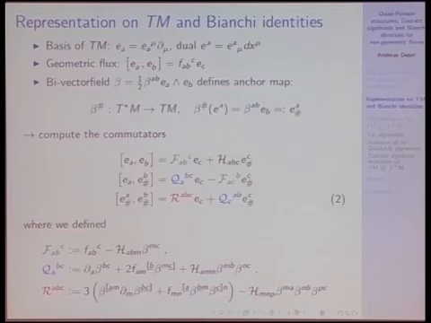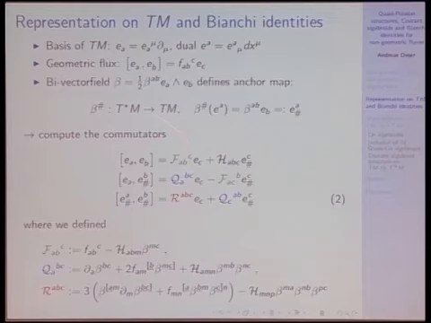Because we are in the tangent bundle, we can easily compute commutators of vector fields. If there are some experts on non-geometry, they will maybe recognize these combinations. If you take those, we can show that if you calculate the commutators on the tangent bundle, we get this algebra again.